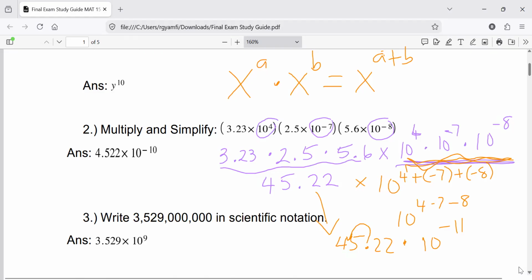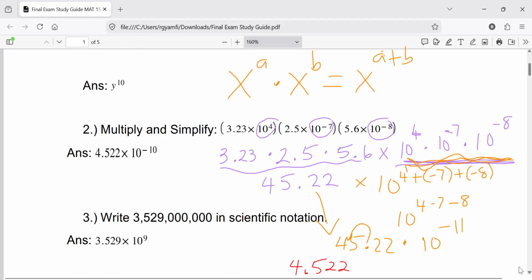So I'm going to have 4.522 times, because I moved the point one time to the left, it changes from 45 to 4.5.